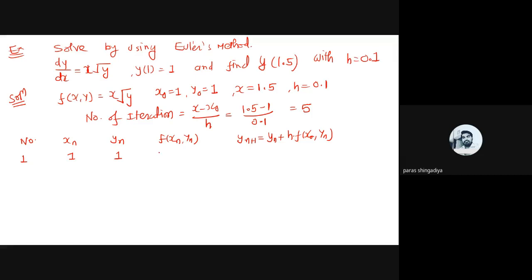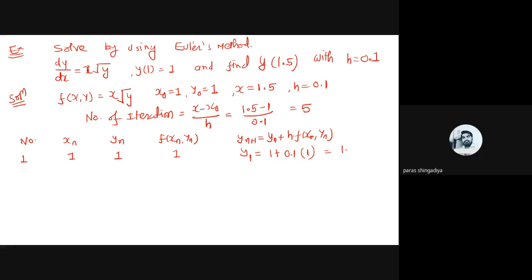And here check the function value. The function is x root y, x into root y, so 1 into root 1 will be 1. So the function value also will be 1. Clear? I just write the direct answer right now. If you have any doubt in any step, please ask me, how we can derive it. And now check y1. So y1 will be 1 plus h, which is 0.1, into 1.